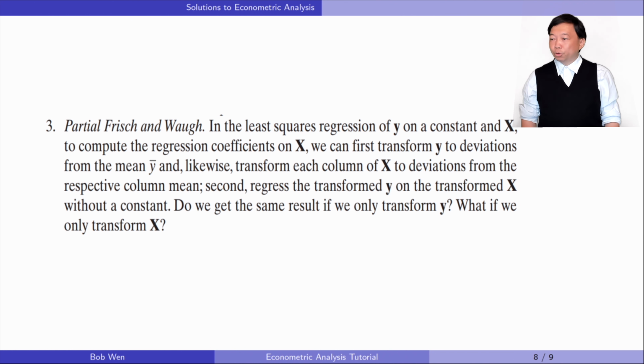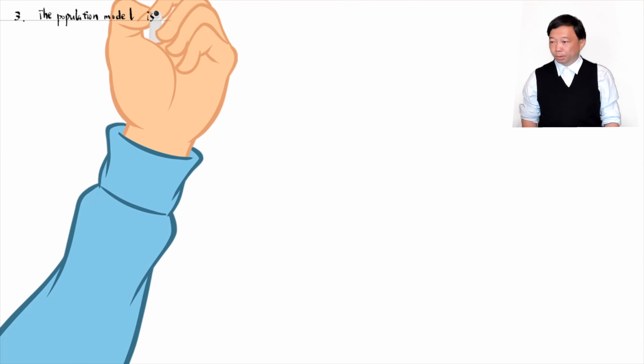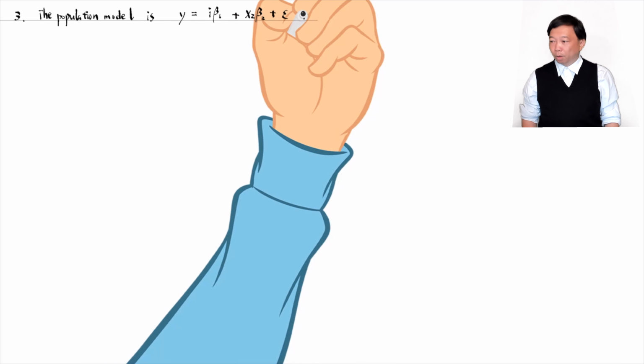We write the population model as follows. We divide the explanatory variable into a column vector of 1s and the other explanatory variables matrix x2.